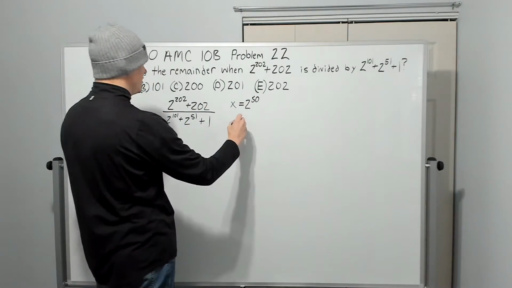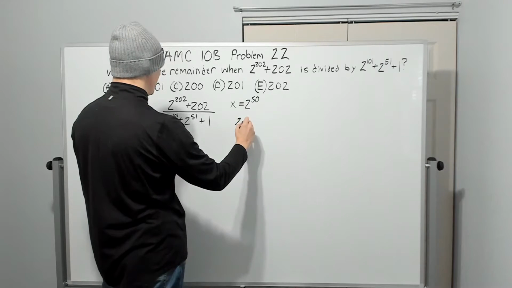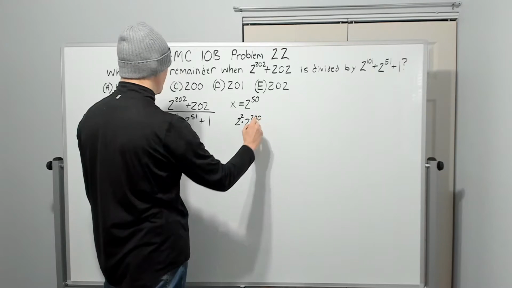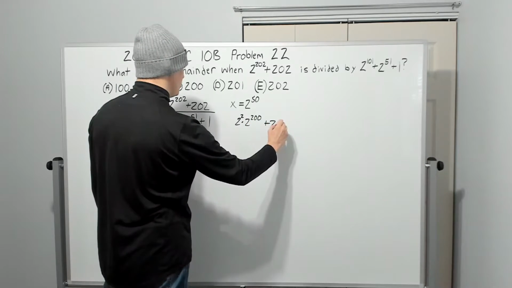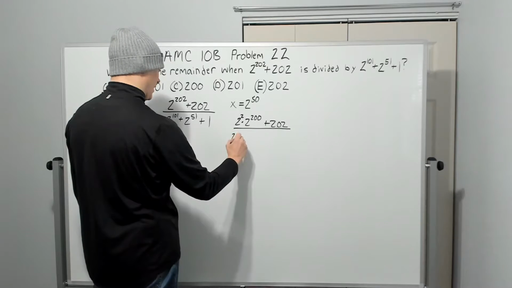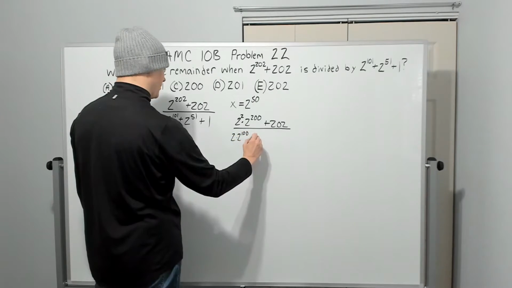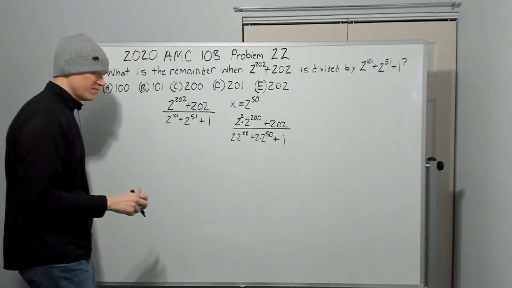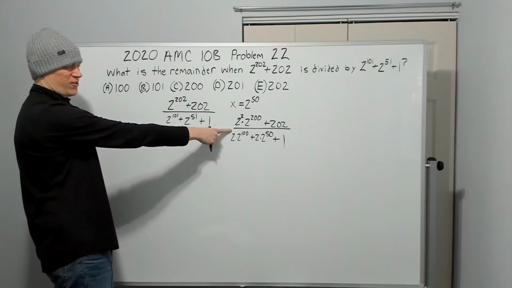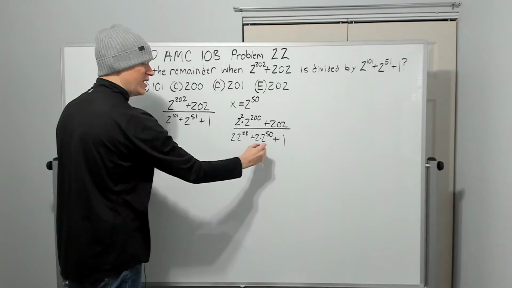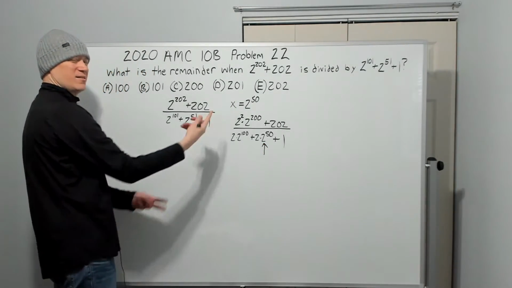It would be 2 times, 2 squared times 2 to the 200 plus 202 over 2 times 2 to the 100 plus 2 times 2 to the 50 plus 1. In fact, if you wrote it like this first, there's probably an increased chance that you could think, hey, why don't I just replace that with a variable?